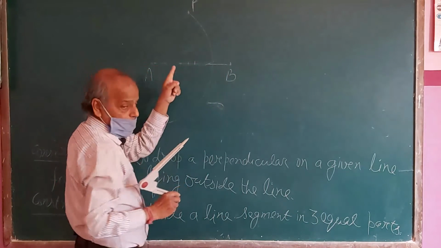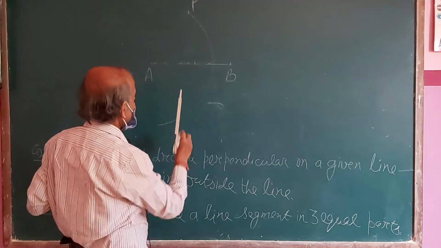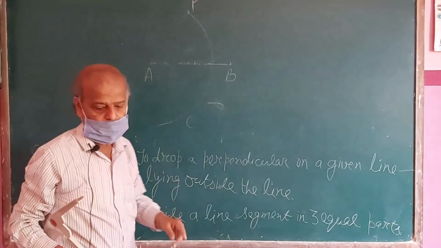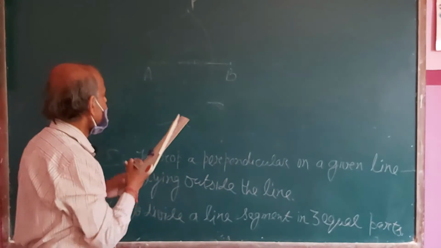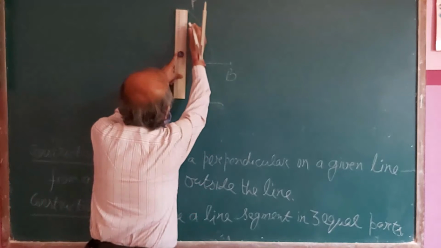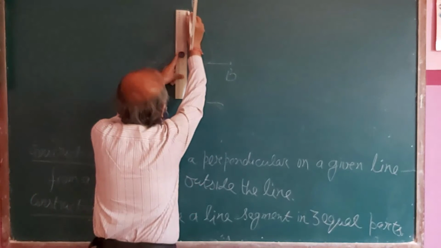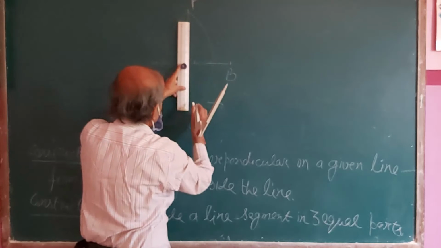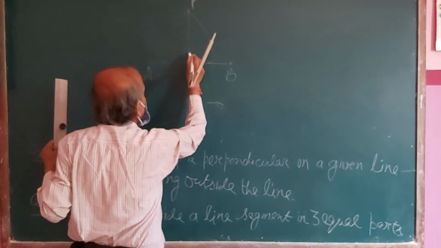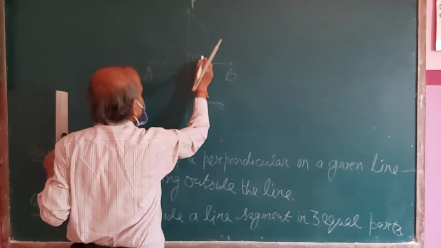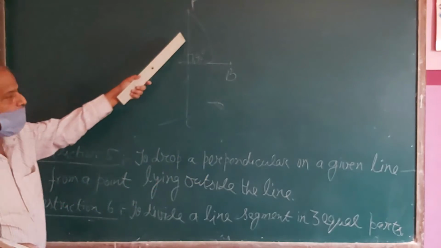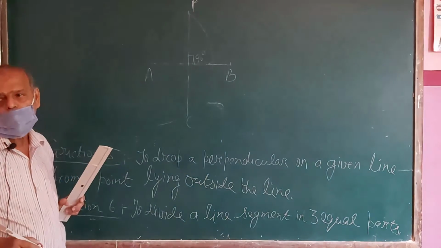This arc is cutting the former arc at the point C. Now join PC. This angle is 90 degree. I have finished both the constructions.